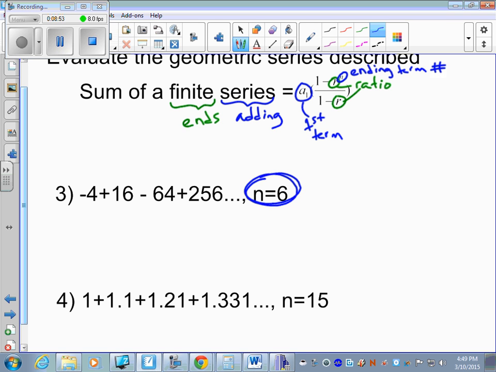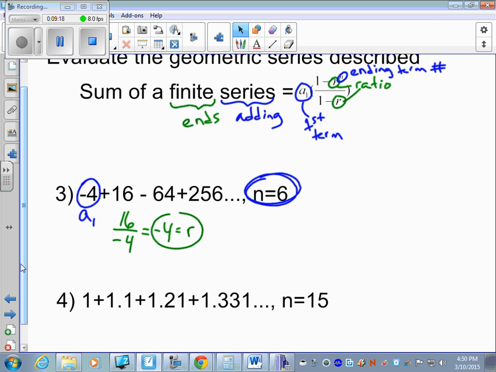So the first term, that's a sub 1 in the formula. The common ratio, we don't know that, but we know how to find it: second term divided by first term. That's -4, that's your common ratio. And in the formula, we need to know the n, which we already have, 6.